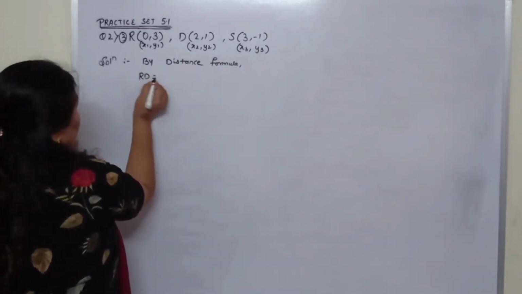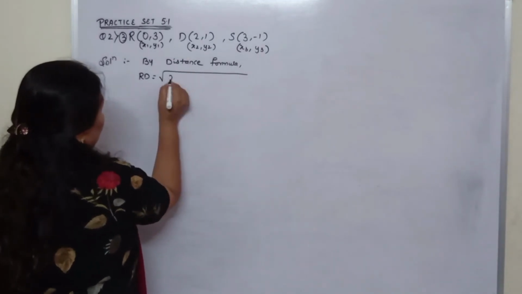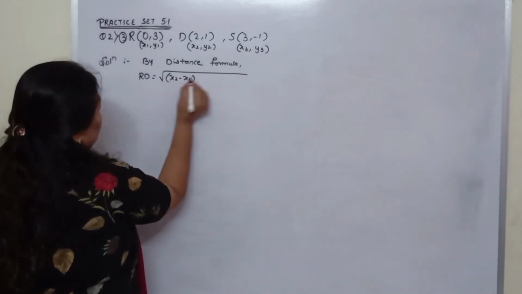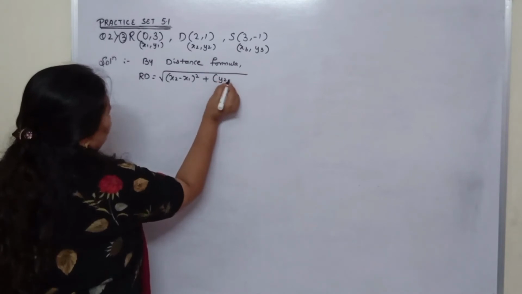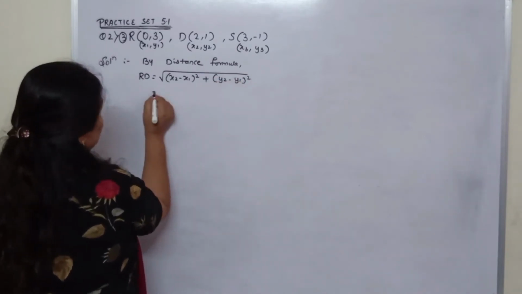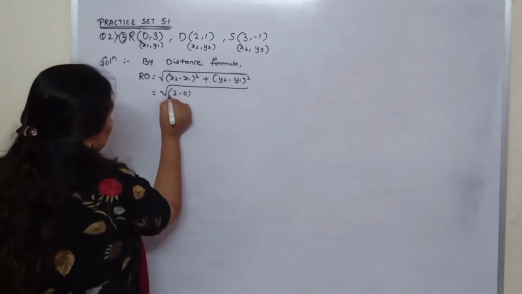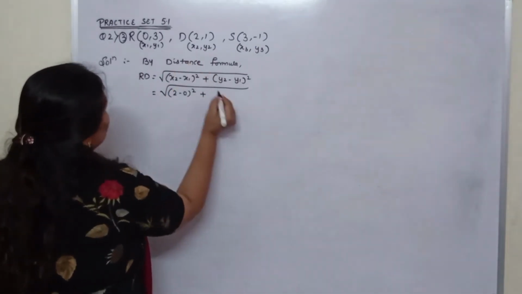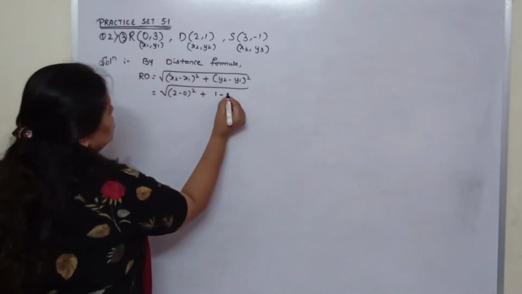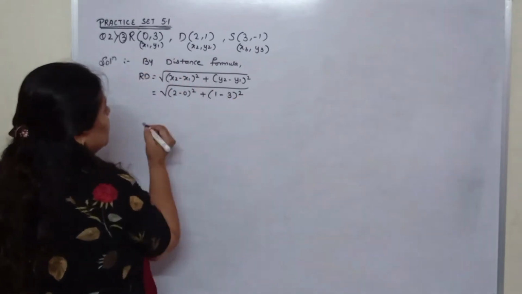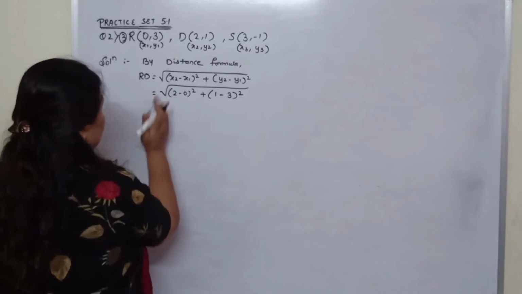RD equals under root (x2 minus x1) the whole square plus (y2 minus y1) the whole square. Now what is x2? 2 minus 0 plus y2 is 1 and y1 is 3. So (1 minus 3) the whole square, right?